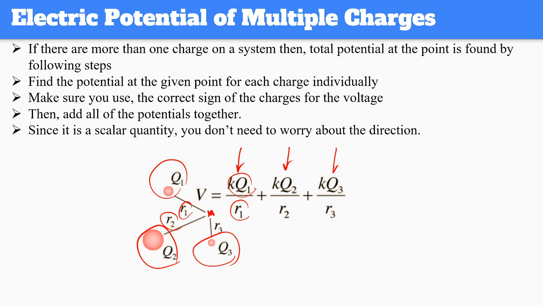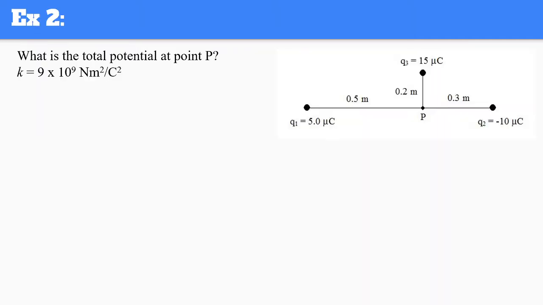But you need to be careful with the sign of the potential because, like we said, it's a scalar quantity, but the sign will determine if it's a positive or negative potential. So you just find them individually and add them together. If you want to see an example, we are trying to figure out the potential at this point. So what are we going to do?